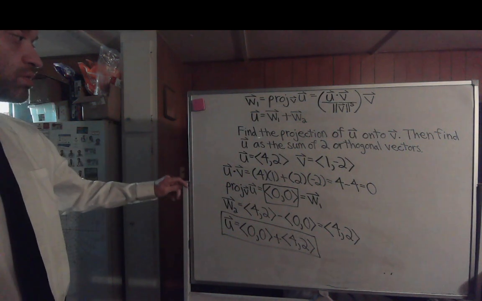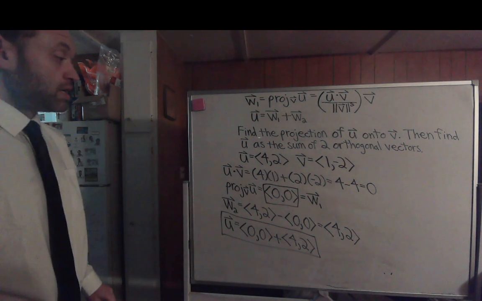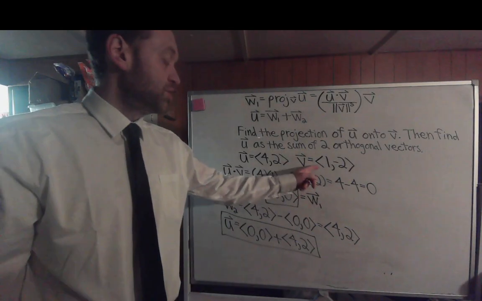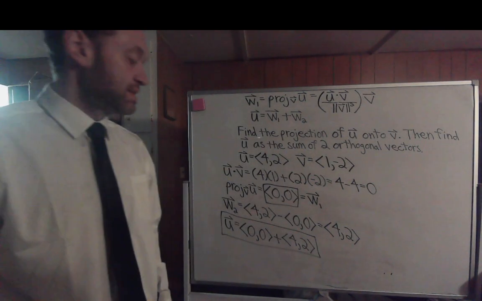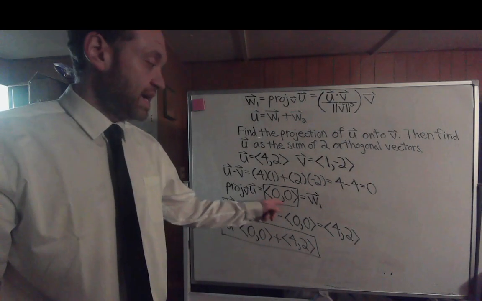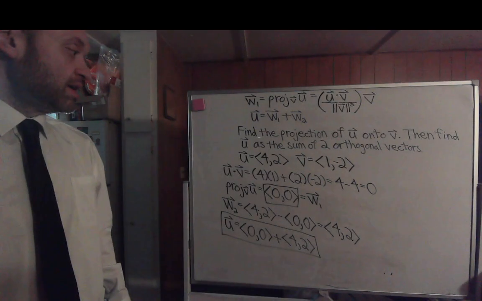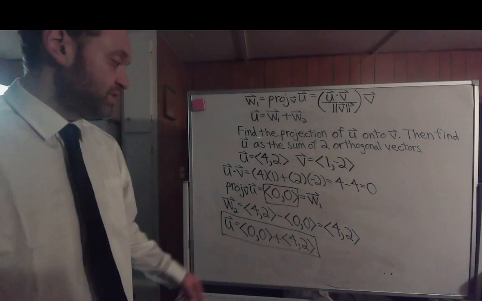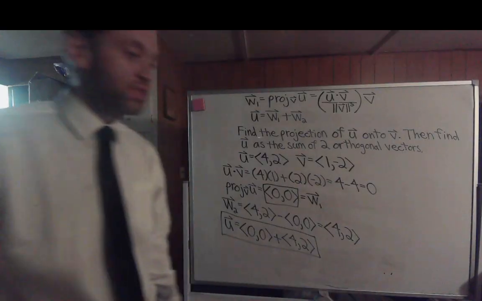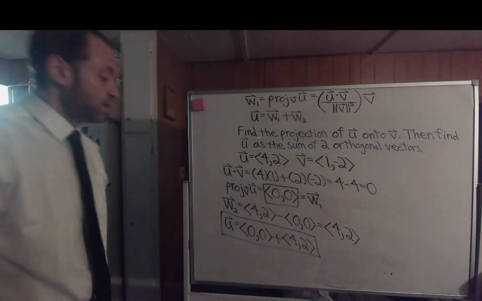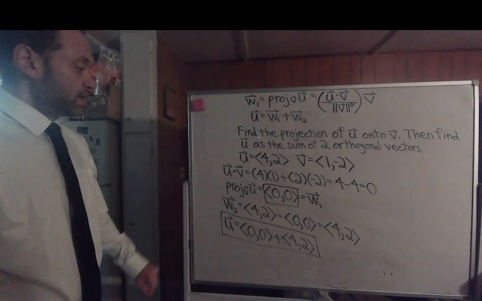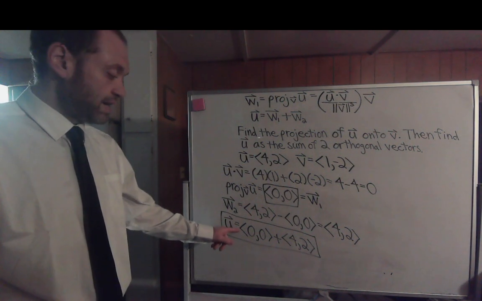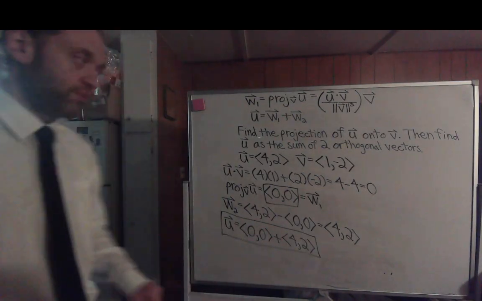You could argue that w sub 1 is parallel to vector v in the sense that it's a zero scalar multiple of vector v, and it's definitely perpendicular to vector w sub 2 in the fact that if you take the dot product of w sub 1 and w sub 2, of course you'll get 0. So your projection is 0, 0, and then vector u can be written as vector 0, 0 plus 4, 2.